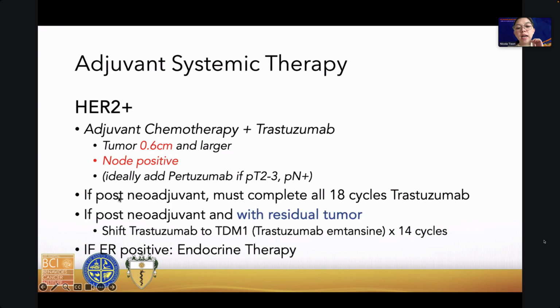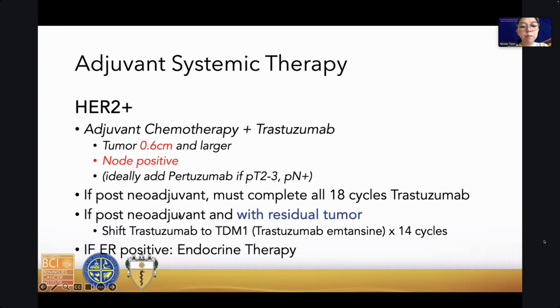Now, in the post-neoadjuvant setting, they must complete all 18 cycles. So, as I mentioned earlier, it is 1 year in total. In the neoadjuvant setting, trastuzumab is given with chemo, but they won't be able to complete everything. So, for example, they only got 4 trastuzumab pre-op, then the other 14 has to be completed post-op.